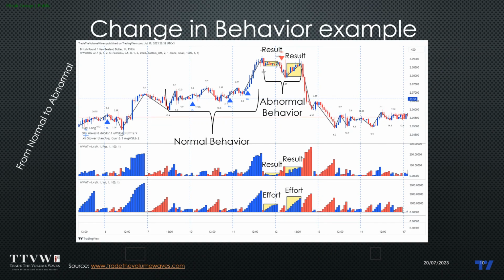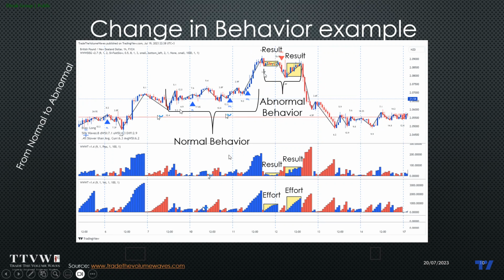So let me show you some examples of changing behavior. Here we got a normal behavior, okay? The waves are normal. This is the volume wave. This is the price wave, the peak wave. Here we got a normal behavior.